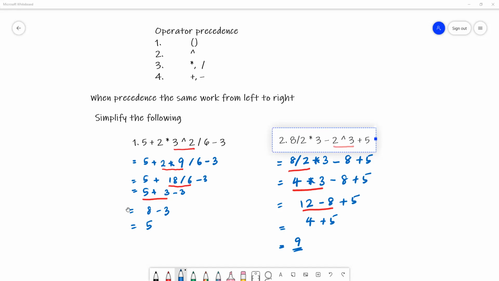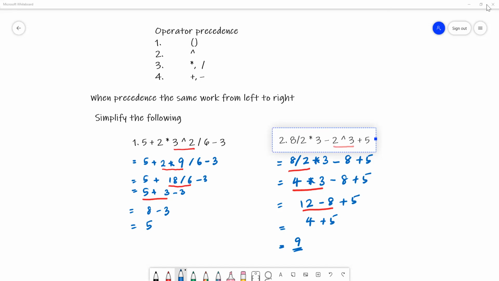Right. So let's do some more. This is from the book, the questions given in your textbook. So I'm going to select this.